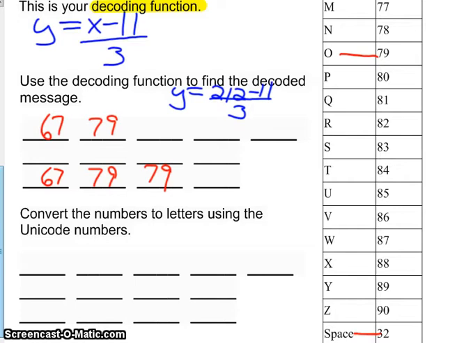Convert the numbers to letters using the Unicode. So now what you're doing is looking in the right-hand column to find what your letter is.